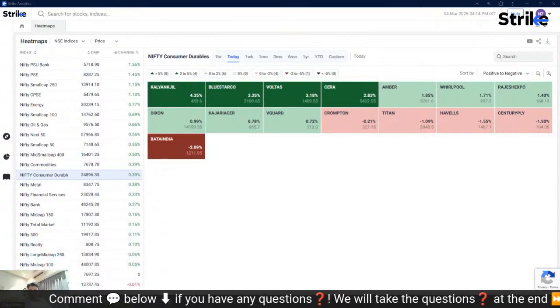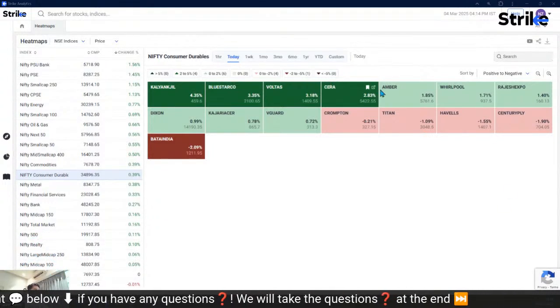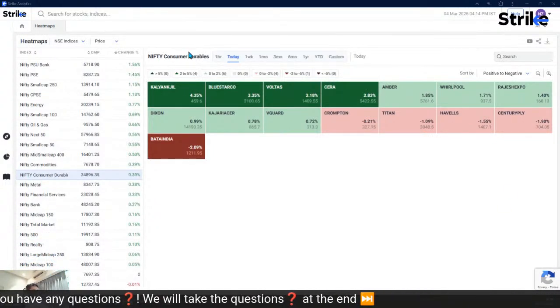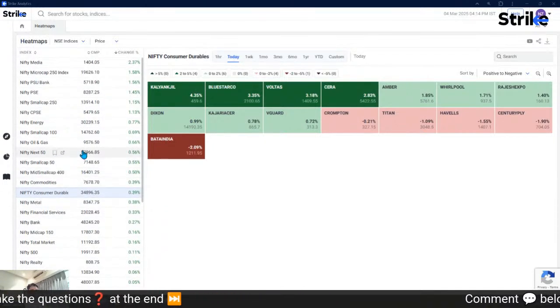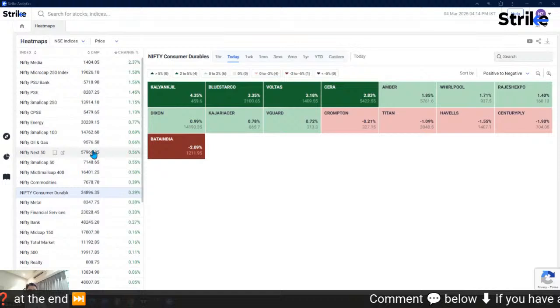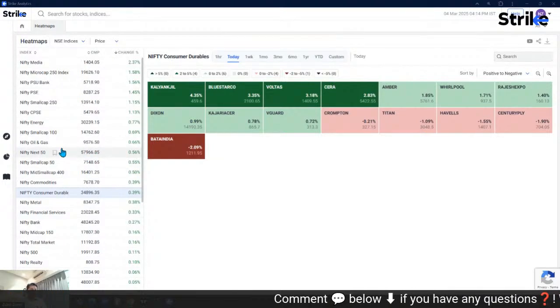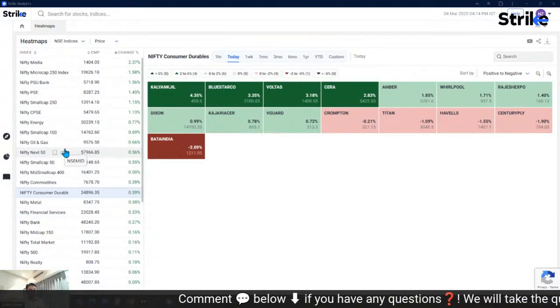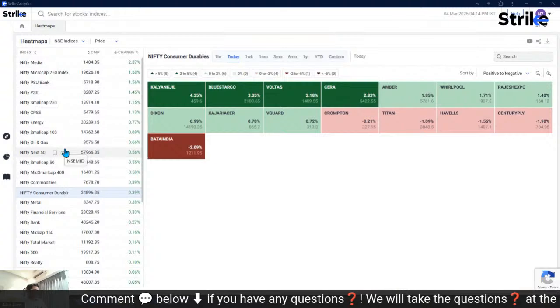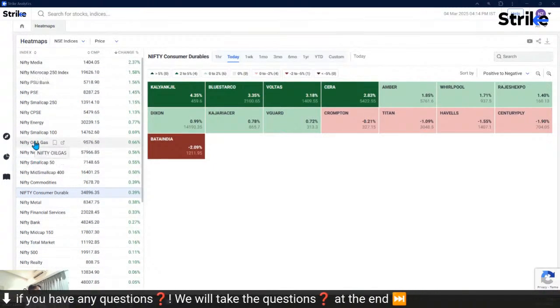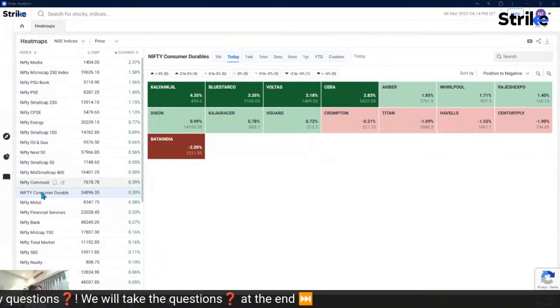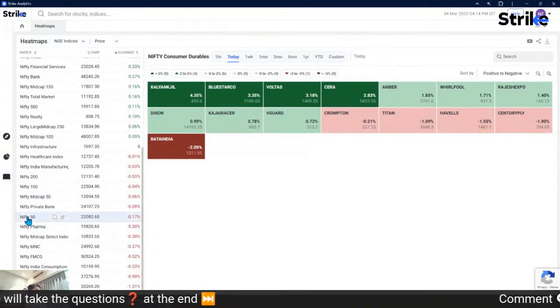How to spot the outperformers through the heat maps. So Srinivas ji, all the green ones are the outperformers in this particular sector. When we talk about outperformers or underperformers, we refer to a benchmark, and the benchmark generally is Nifty 50. So where is Nifty 50 over here? This is Nifty 50.